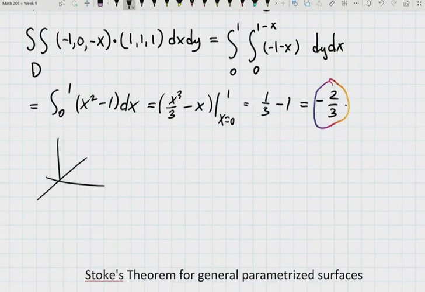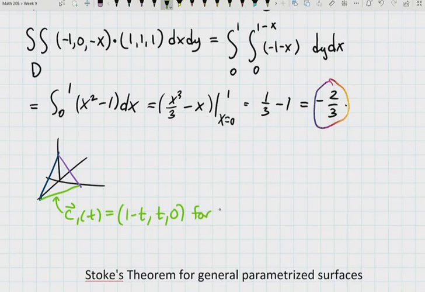So if this is C1, and this is C2, and this is C3, there's more than one way you could parametrize them. You have some choice with how you want to do this. Let me do C1 of t. I'll parameterize that as (1 minus t, t, 0) for t between 0 and 1.